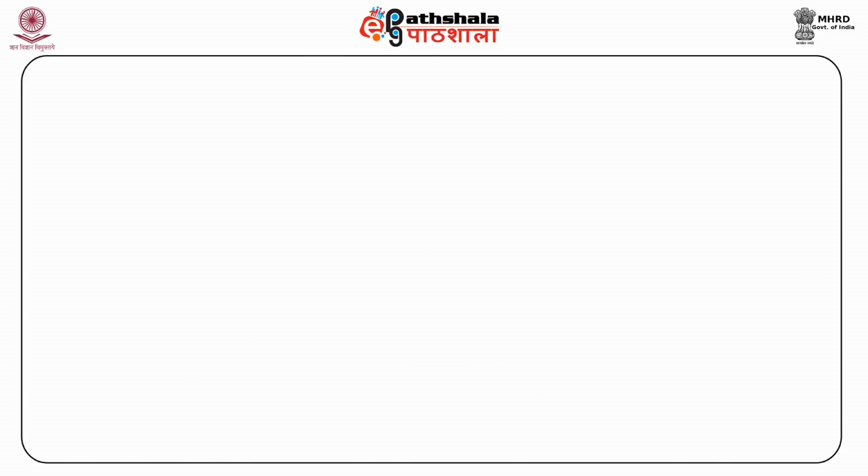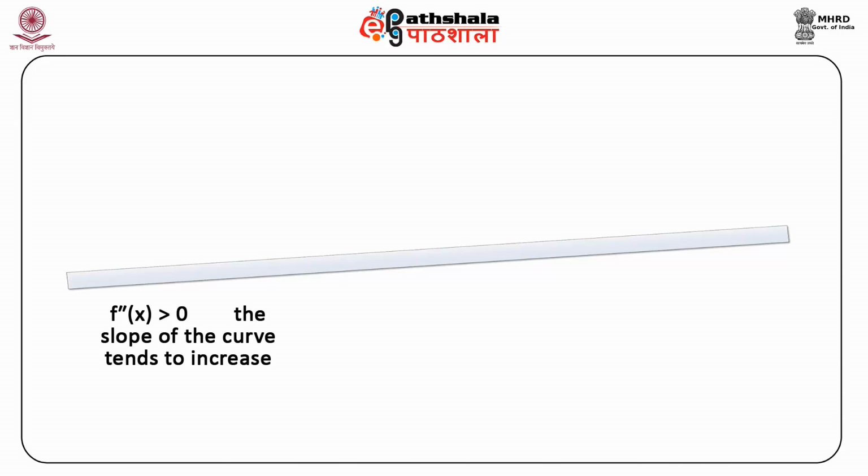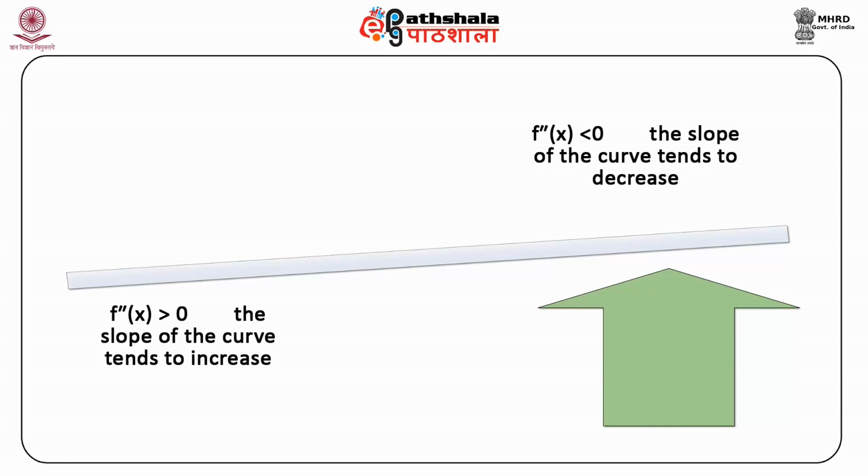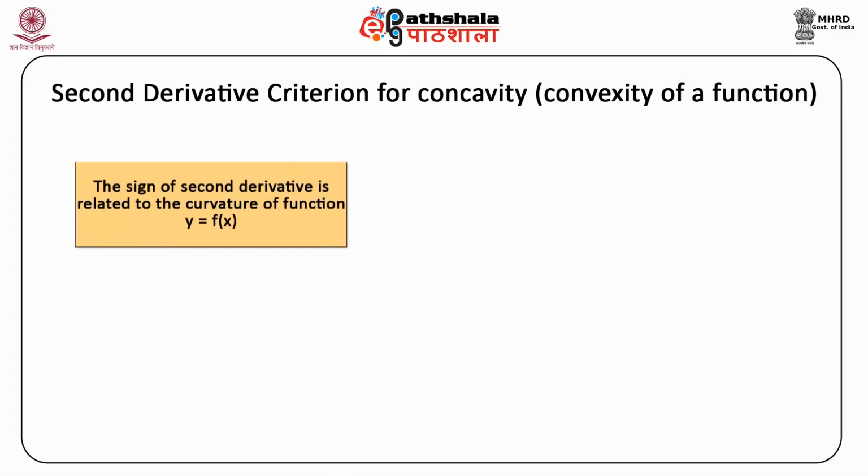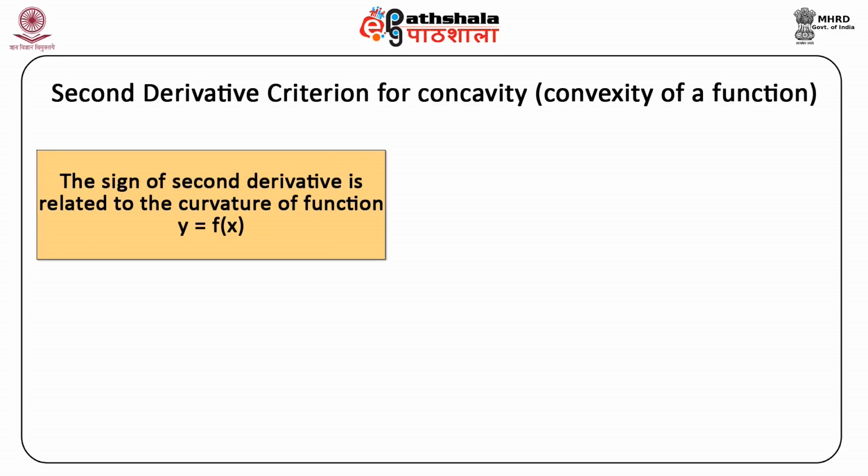Whereas with regard to the second derivative, f double dash x greater than 0 means that the slope of the curve tends to increase, and f double dash x less than 0 means that the slope of the curve tends to decrease. The sign of the second derivative is related to the curvature of the function y is equal to f x.